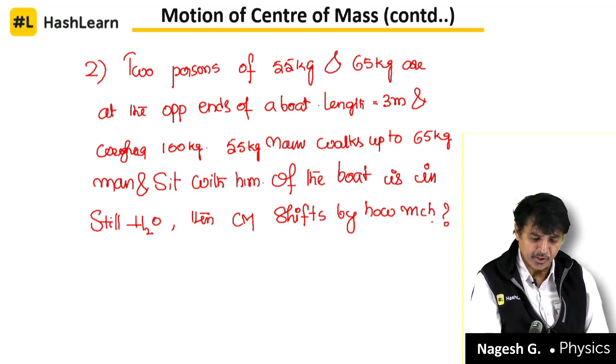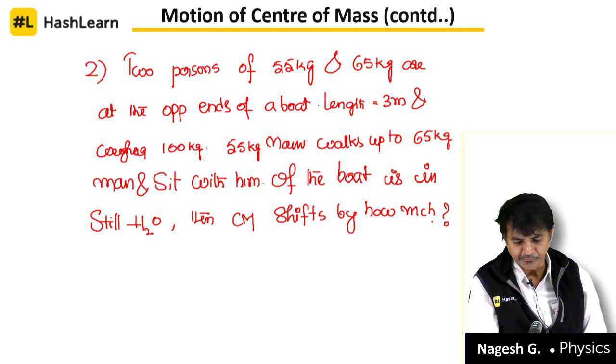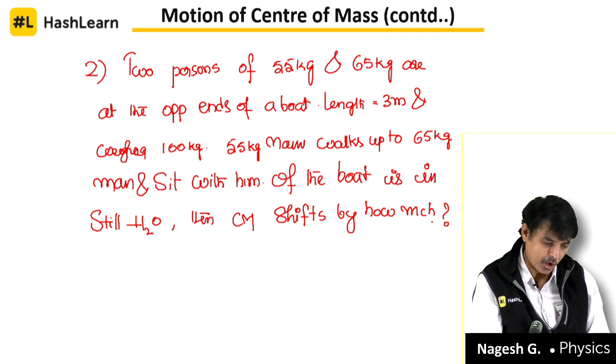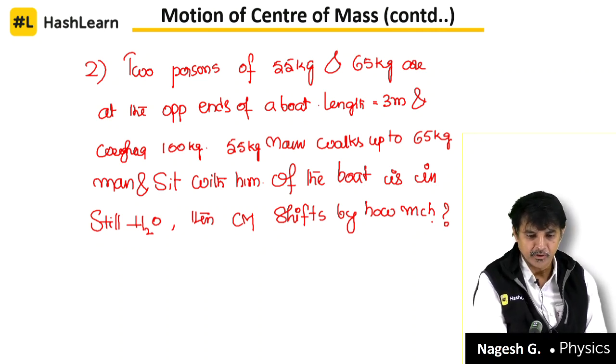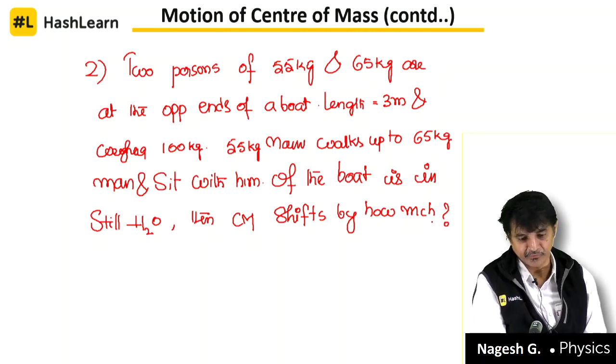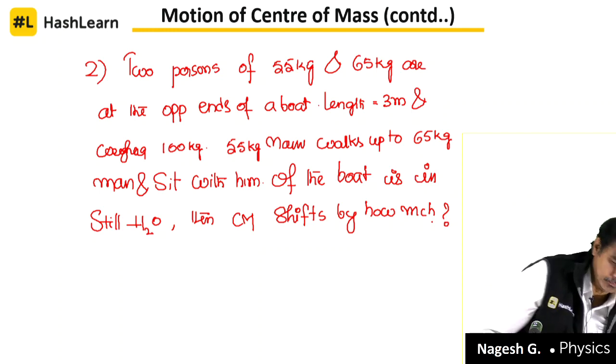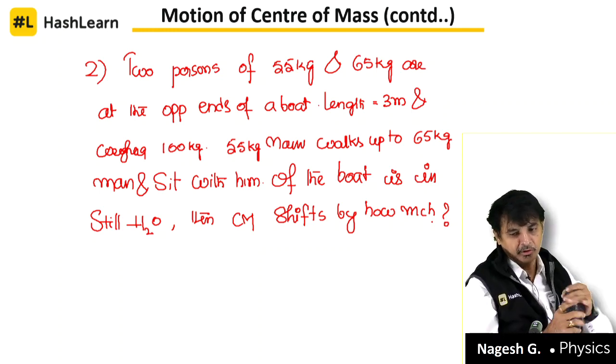After some time, the 55 kg man walks up to the 65 kg man and sits with him. If the boat is in still water, then center of mass shifts by how much? Now your time starts. Get up. Bhagyasri, Adina, Akshay, Mansi, Radhika. Now your time starts. Crack the problem.